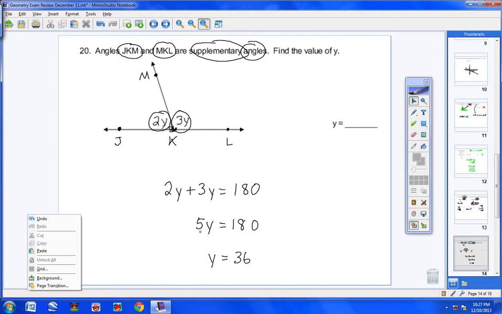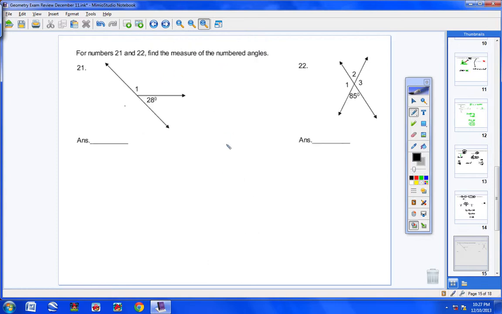Okay, and let's see, did I do this right? 30, 60, yeah, that's right. And so y equals 36. So again, we're just reviewing what supplementary angles are, and we are reviewing that using algebra expressions and an algebra equation. All right, let's continue on to the next problem.